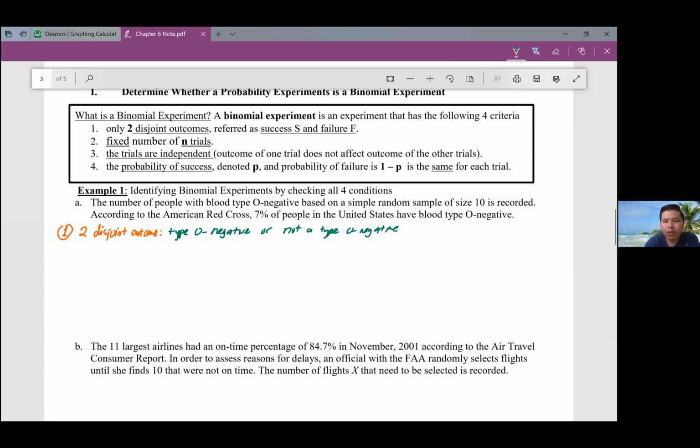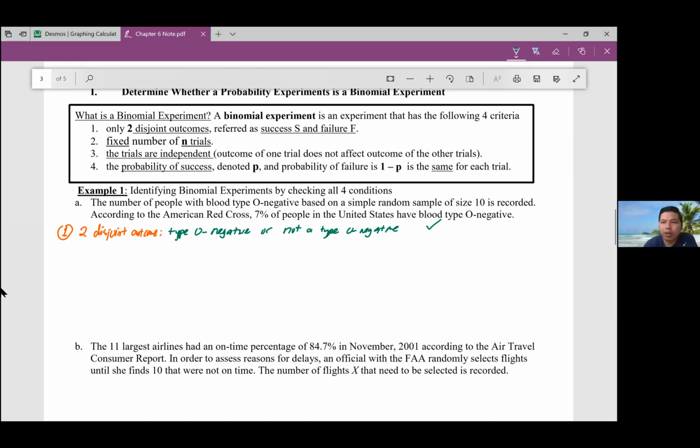So that should satisfy, right? The question is, do you have type O negative? Yes or no. I do have type O negative, or I don't have type O negative. They don't look for any other options. Does that make sense? So now we're only experiencing 2 outcomes. You have type O negative or you don't. So that's the check mark.